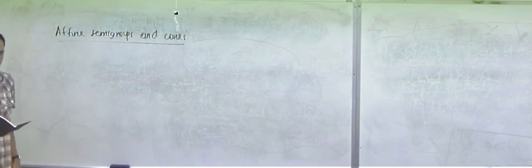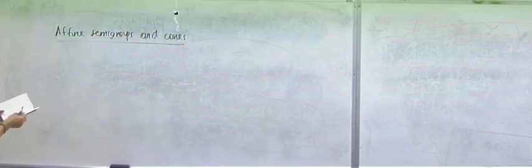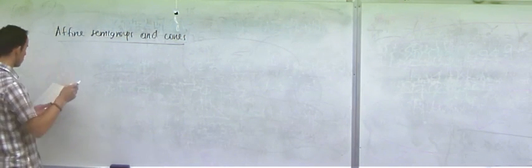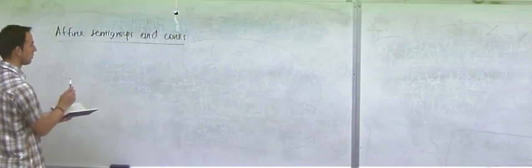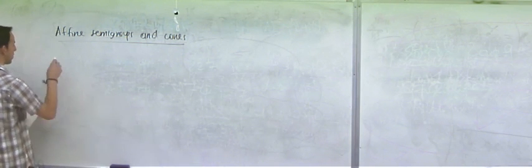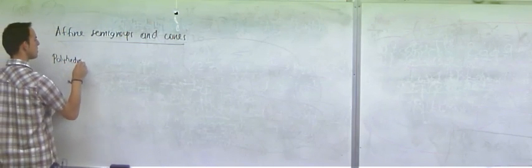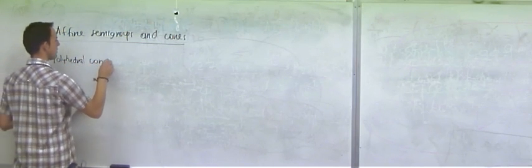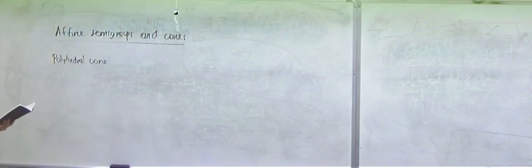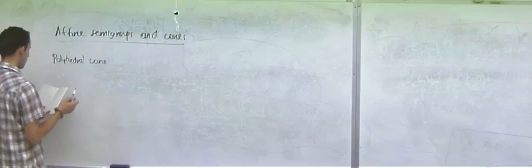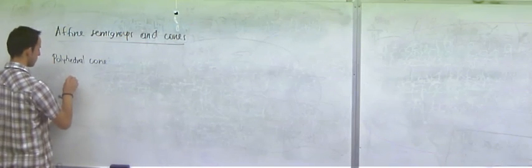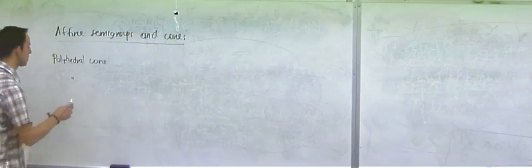So today I want to talk about affine semigroups and cones. Maybe the first thing is to define a polyhedral cone for you. Did I do this already? I did, but let's do it again. You can define it in two ways.